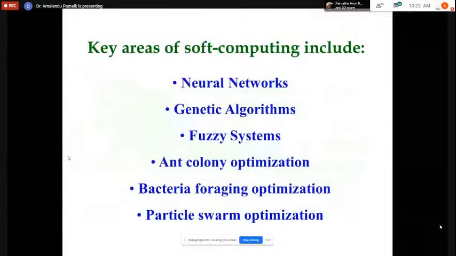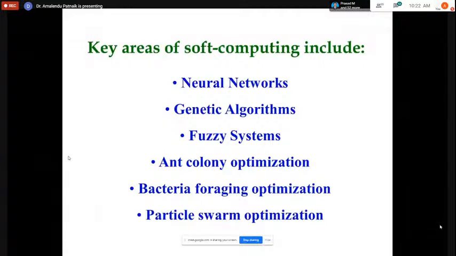What are the key areas of this soft computing technique? Although every day, if you go through the transactions on evolutionary computation techniques and neural networks, you will find every day new types of meta heuristics are coming into the picture, right?